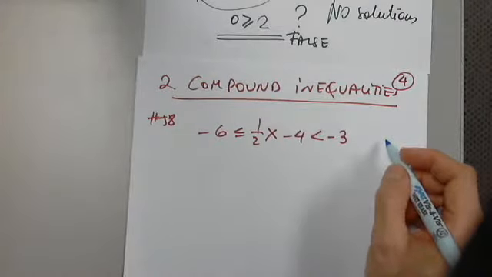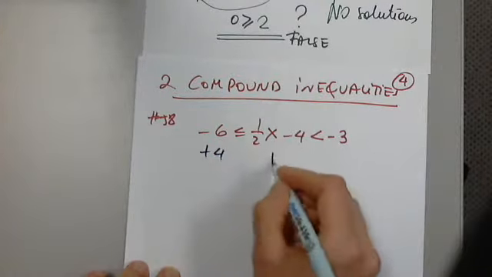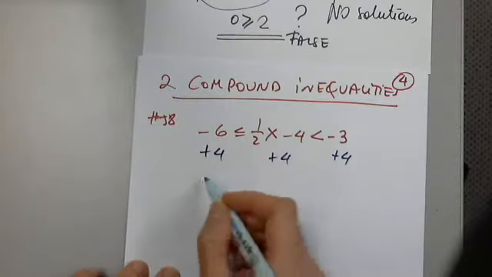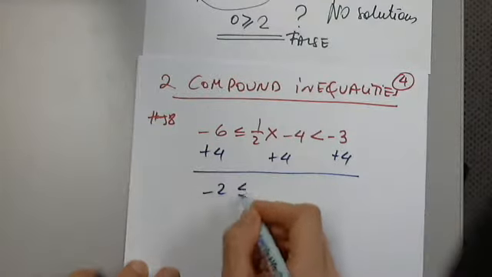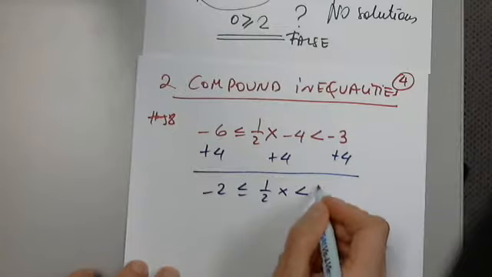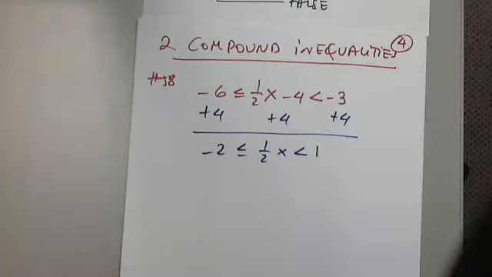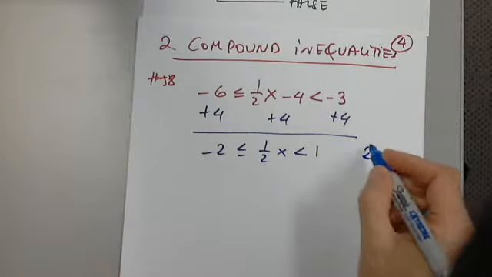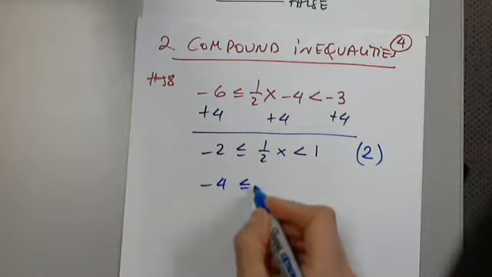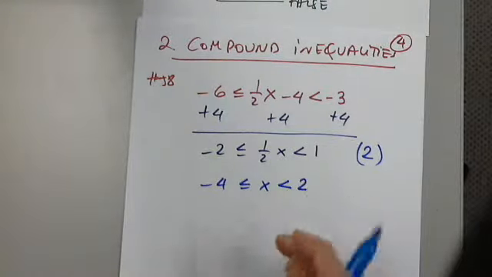So I will have to add 4 to all three sides. -2 less than or equal to 1/2 x less than 1. Awesome. Now what? What do I need to get rid of now? Very good. Multiply everything by 2, so I get -4 less than or equal to x less than 2.